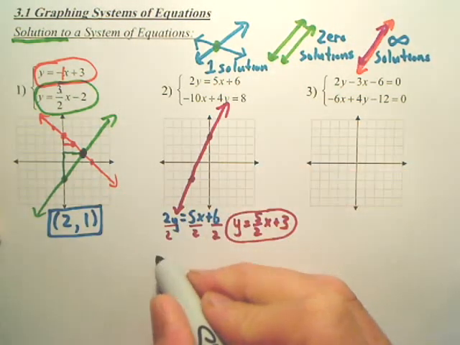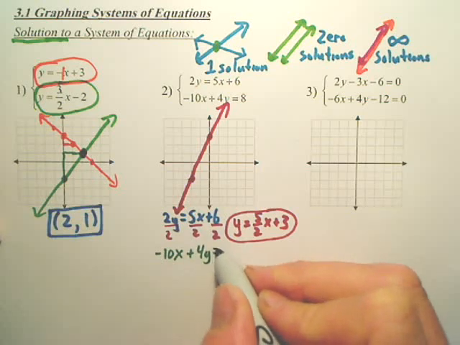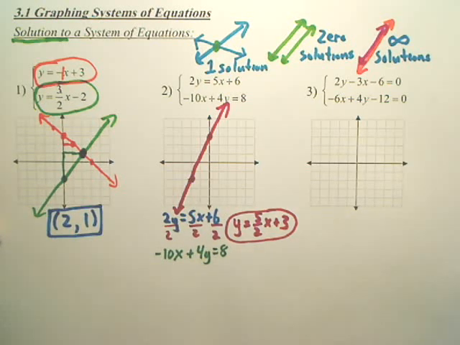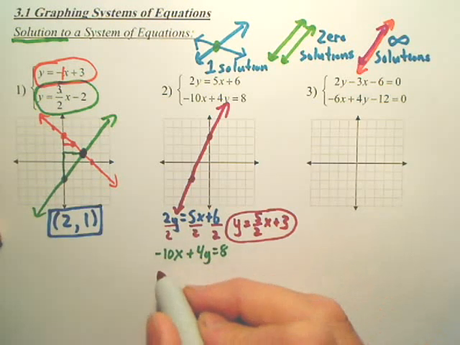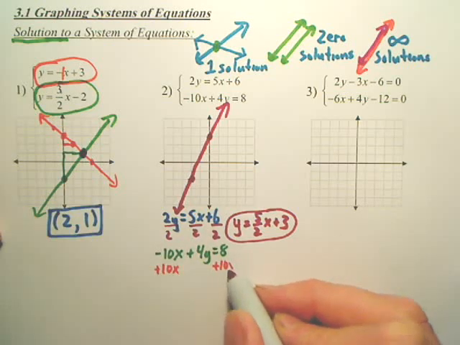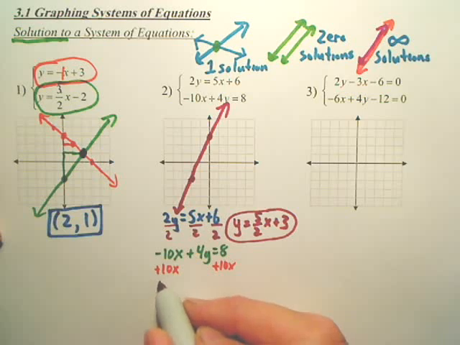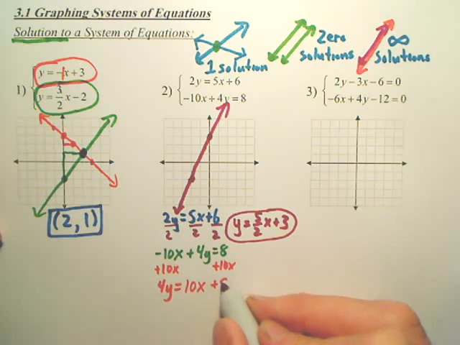And the second graph, negative 10x plus 4y equals 8. I want to get y by itself, right? So I'm going to add the 10x over. I now have 4y equals 10x plus 8.